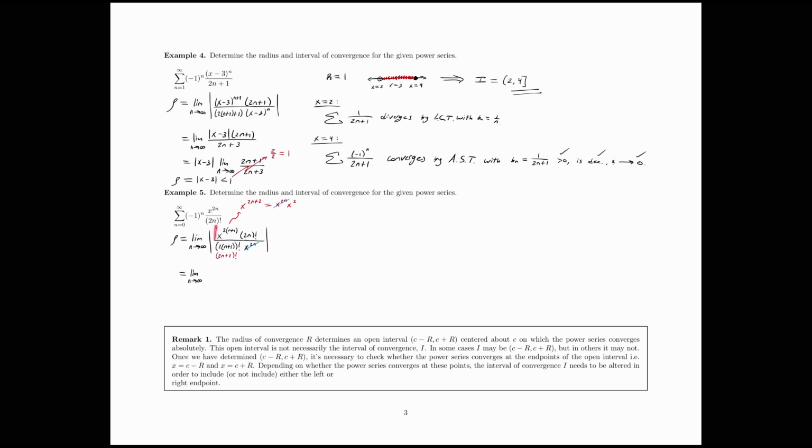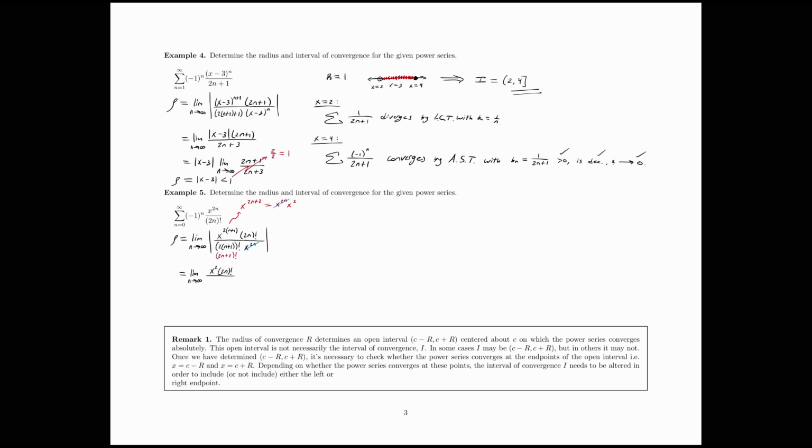So really, this absolute value of x squared is just the absolute value of x quantity squared, which is the same thing as x squared. So we can drop the absolute value bars altogether.